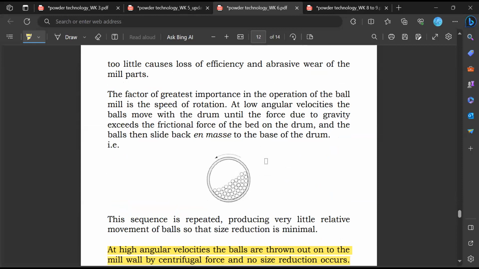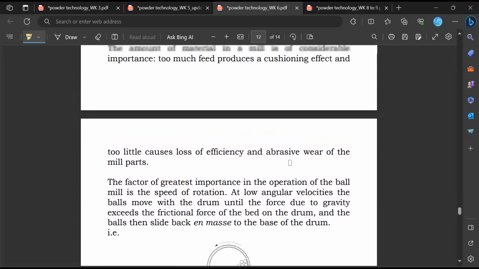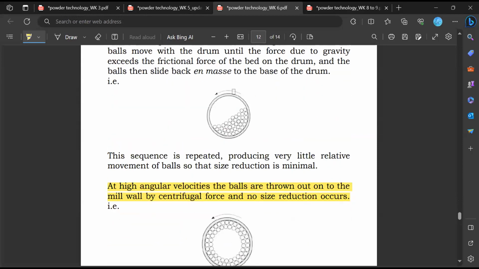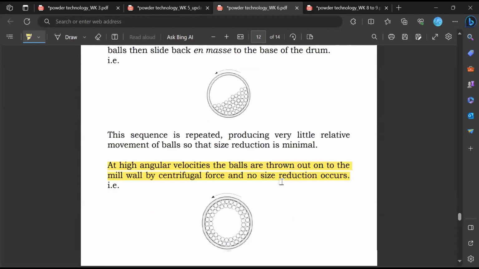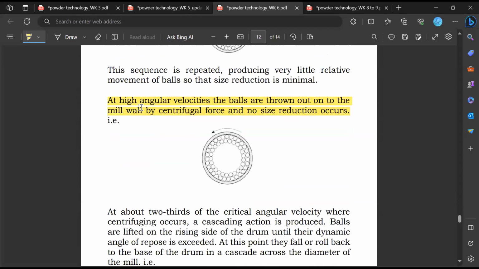Yeah. Okay. So this ball mill is usually used, and these are all, I think, steel or porcelain, and it is spun at a certain velocity. But you have to take care that if it's a high angular velocity, then it will cause centrifugal force, and there'll be no size reduction.